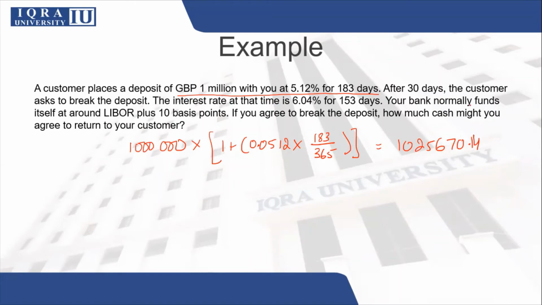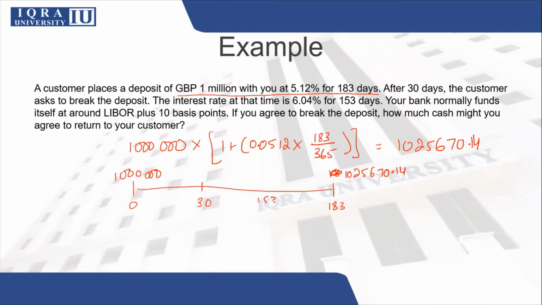Now, what you're going to do is calculate the present value of this amount. So let me make a timeline for you. At 0, you deposited 1 million, and after 183 days you were supposed to get 1,025,670.14, but you're going to break the deposit after 30 days.